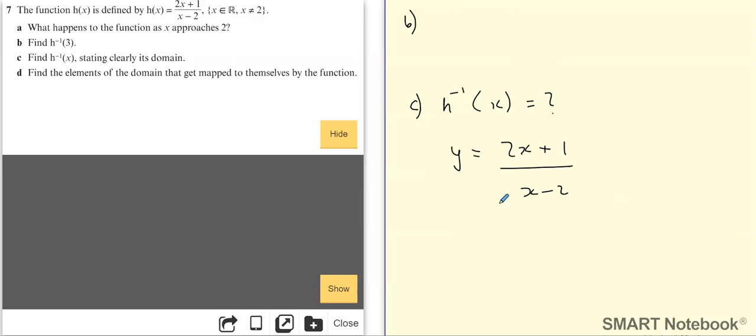Then I need to make x the subject. How am I going to do that? I'm going to have to multiply this across. So xy minus 2y equals 2x plus 1.